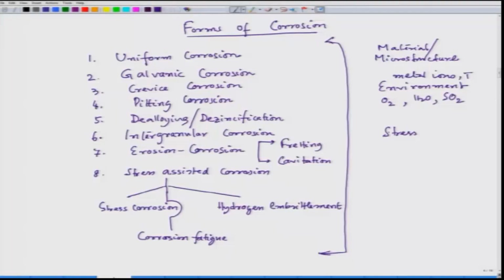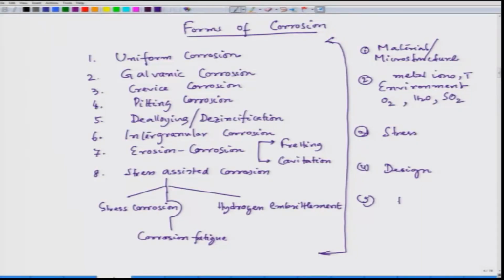Then, this is 1, this is 2, 3, then of course we have design. The design factor makes a huge impact. For example, between a smooth surface and a rough surface, the smooth surface will in general have less corrosion effect than the rough surface.